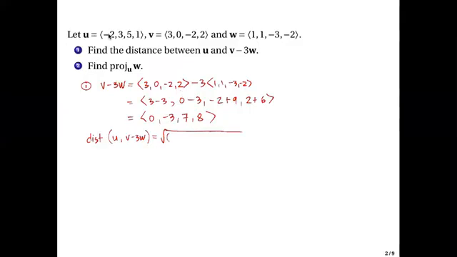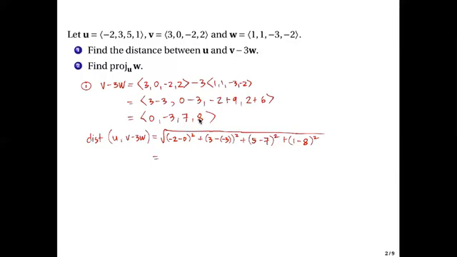So you have -2 minus 0, quantity squared, plus 3 minus -3, quantity squared, plus 5 minus 7, quantity squared, plus the last entries, 1 minus 8, quantity squared.